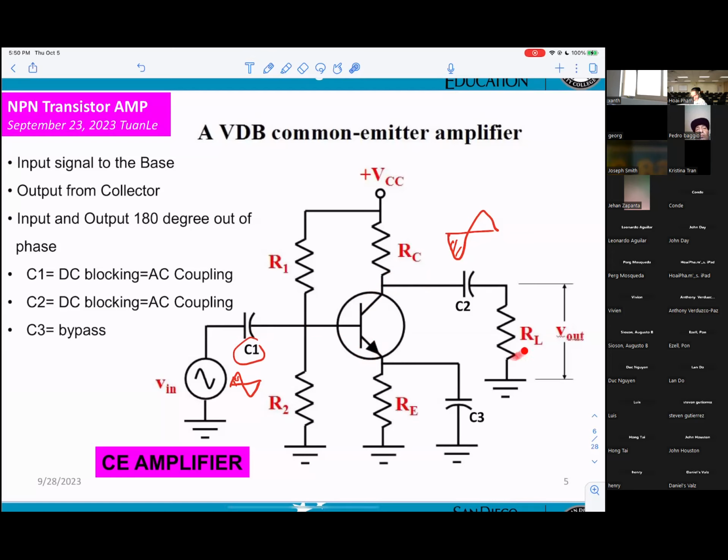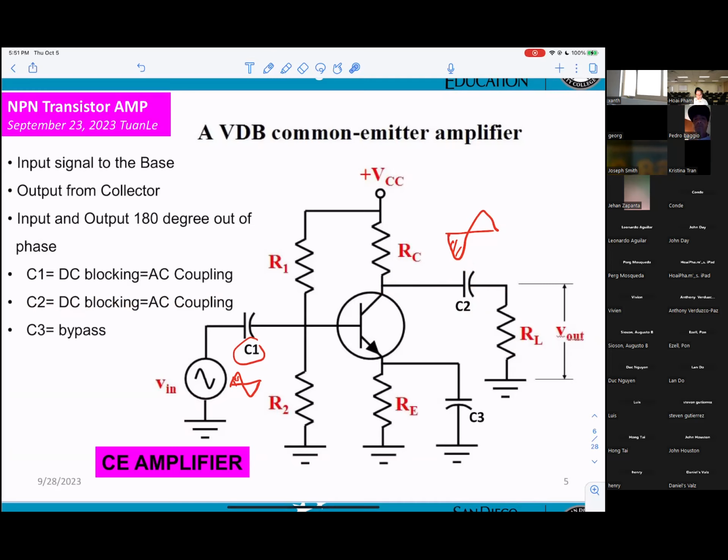However, when you go to the speaker, they don't want any DC from here to go into the speaker. So that's why capacitor C2 will be DC blocking. That means they do not allow any DC from the collector to go to the speaker here. But they will allow your voice to go. So that's why AC coupling.